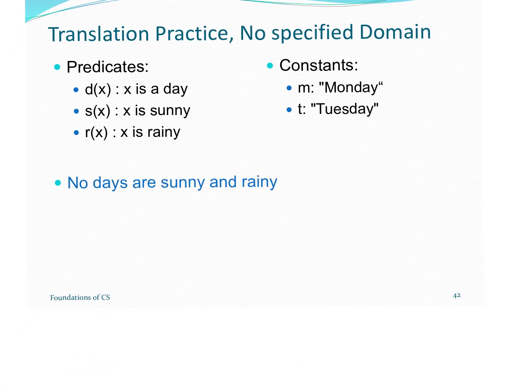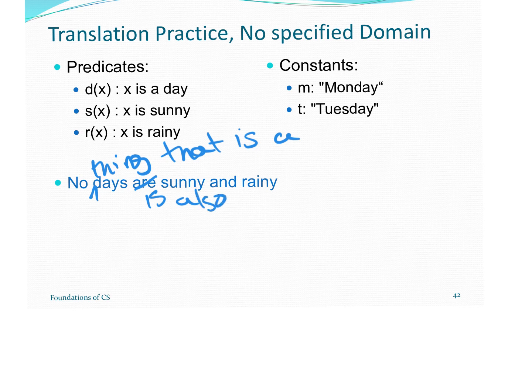So if we start with there doesn't exist a thing, so I'm going to say no thing that is a day is also sunny and also rainy, right? No thing that is a day is also sunny and also rainy.